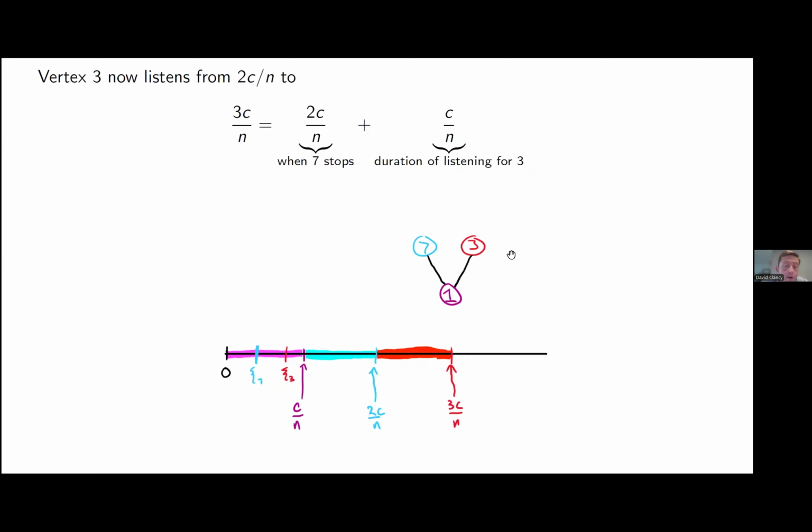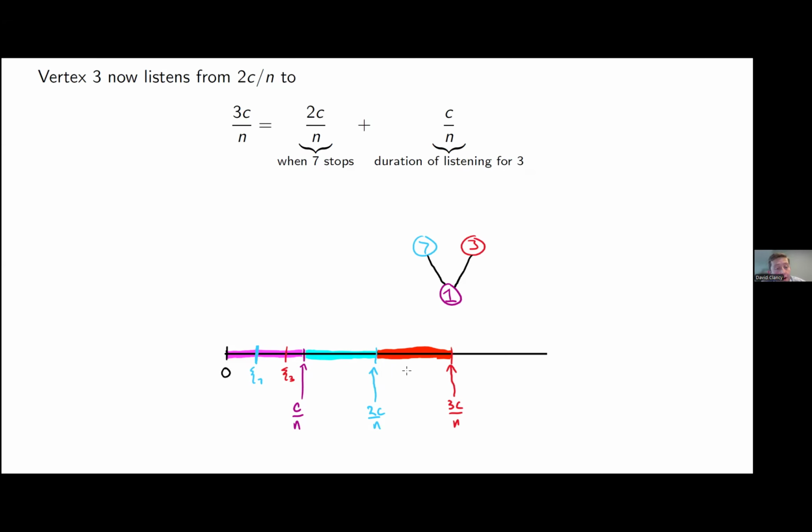So we go to vertex 3, and vertex 3 will listen from time 2c over n, which is when the previous vertex stops listening, to time 3c over n, which is just an additional c over n amount of time.